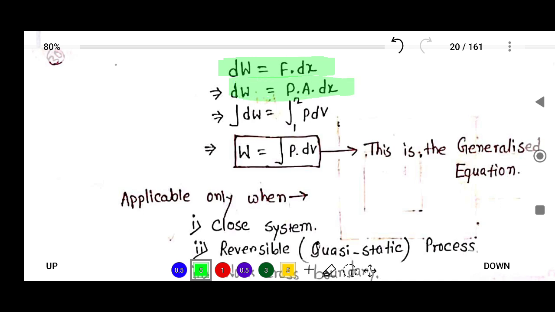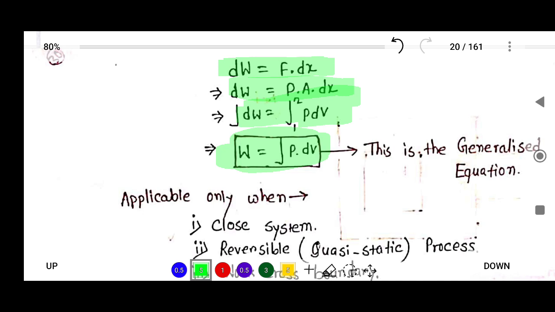If you want to calculate the total work, you have to integrate this work. So integration of dW equals integration from 1 to 2 of P dV, where 1 is the initial state and 2 is the final state. This is the generalized formula of work done, W equals integration P dV, for a closed system or non-flow process.